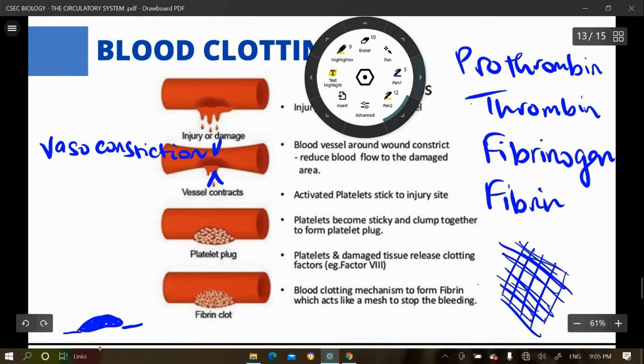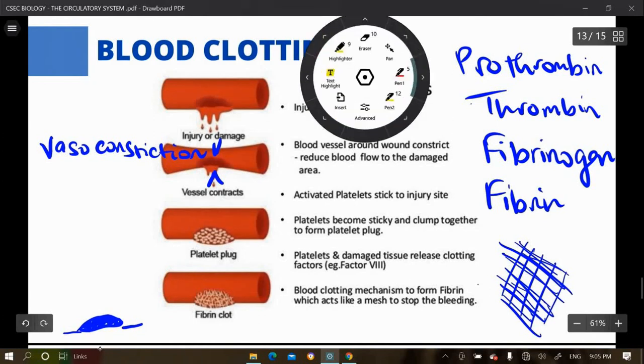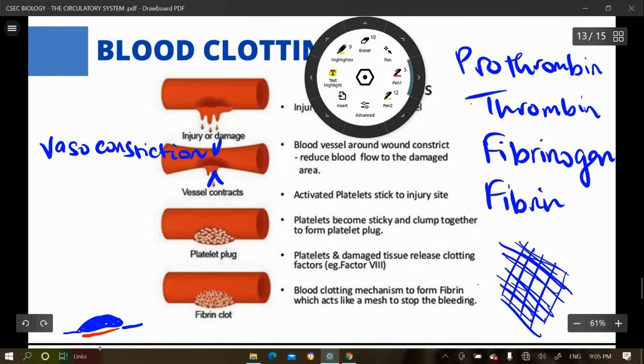Once the new skin is totally repaired underneath, this coagulation of platelets and fibrin will fall off, and that's what we call a scab, the thing that comes at the top of your cuts. It falls off and exposes your brand new skin.